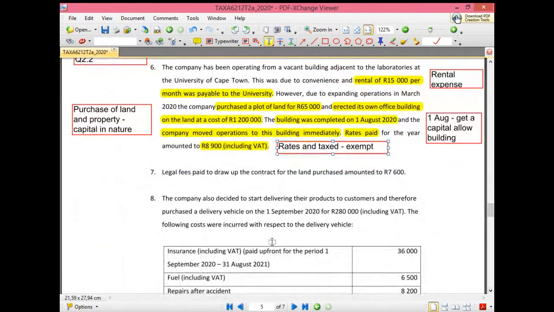Okay, then point number 7, we've got legal fees that was paid to draw up a contract for the land purchased of $7,600. Now, because of the fact that these legal fees are spent on a capital asset, they will be seen as capital in nature because they create an enduring benefit.